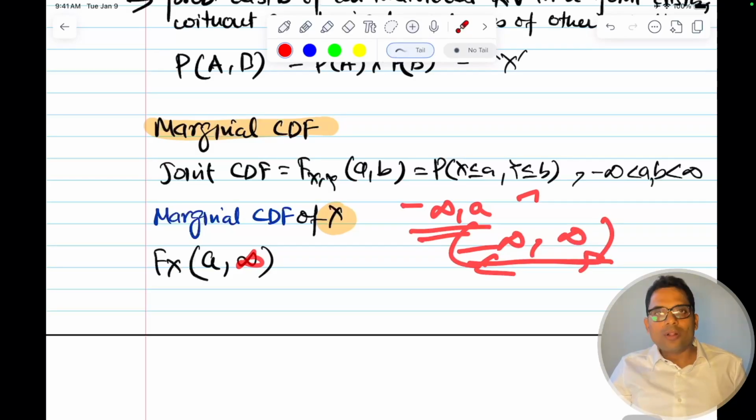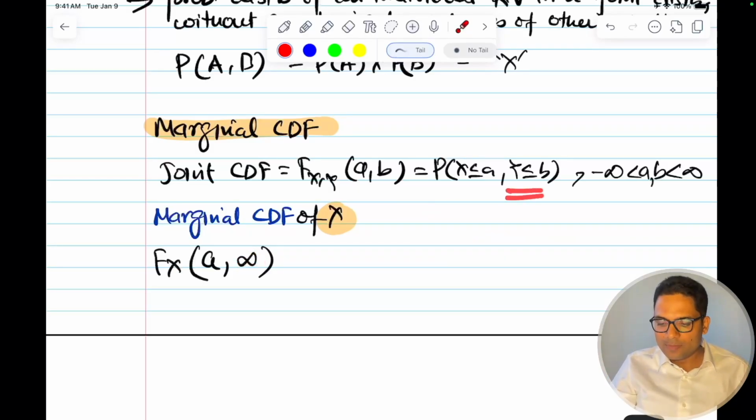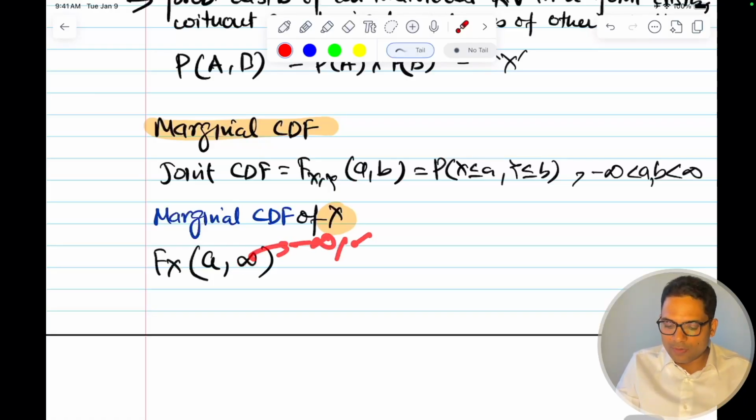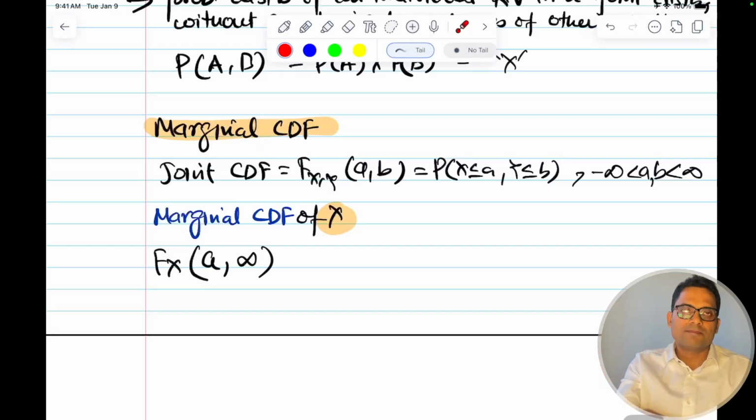Does this not cover all the range, all the possible values of y? Whatever the probability here, it will sum up to 1. It will give all the possible values of y from minus infinity to infinity. That's how we make the other variable 1. We don't consider that.